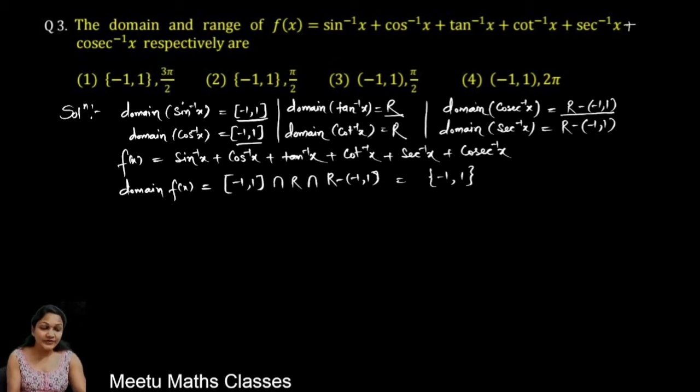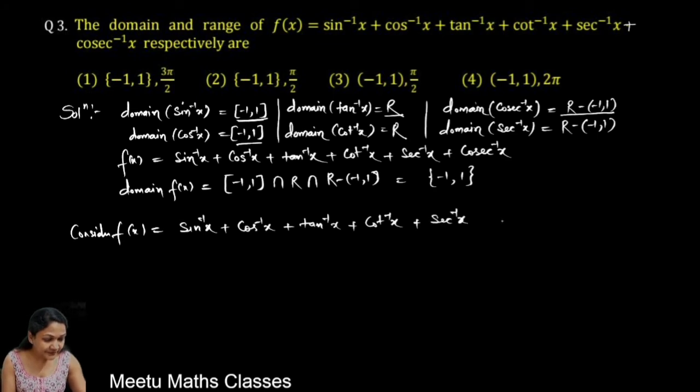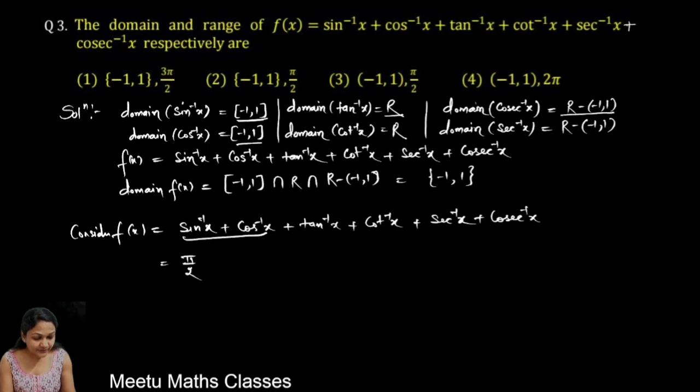Now, we are also interested in the range of this. Consider your f(x) is equal to sin inverse x plus cos inverse x plus tan inverse x plus cot inverse x plus sec inverse x plus cosec inverse x. And we know that sin inverse x plus cos inverse x is equal to pi by 2.